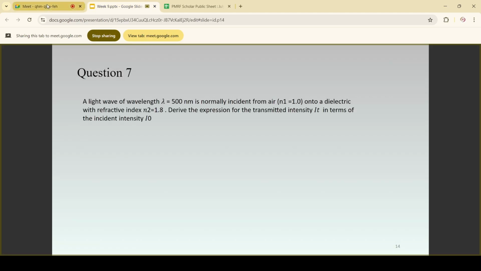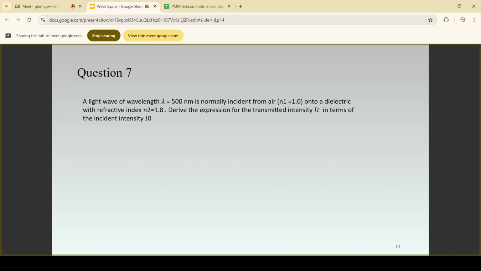Question number 7: a light of wavelength lambda 500 nanometer is normally incident from n1 equal to 1 onto a dielectric with n2 equal to 1.8.